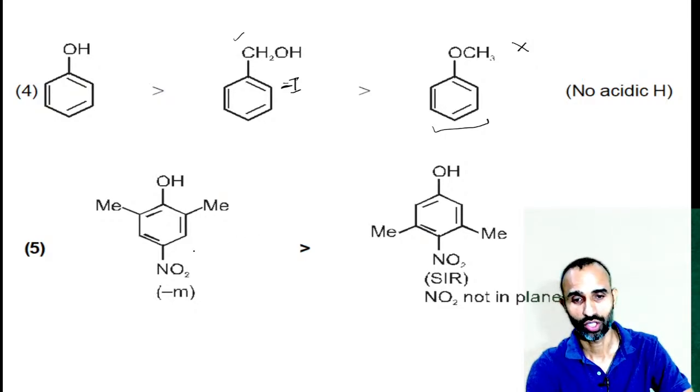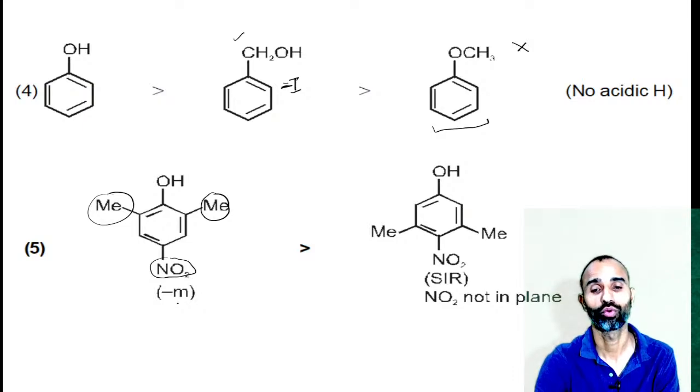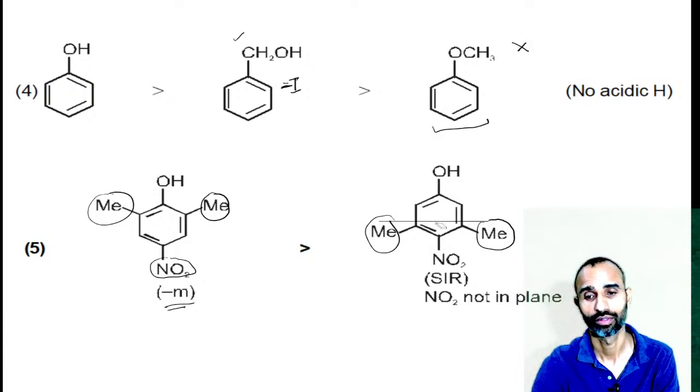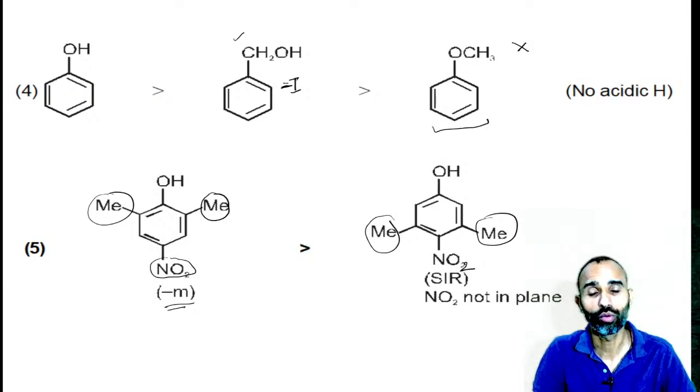In the fifth case, there are two methyl groups at ortho and NO2 group at para. But in this case, two methyl groups are at meta and NO2 at para. Because of the presence of these two bulkier groups at the ortho position of NO2, its resonance is least.